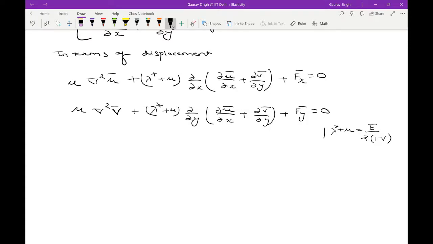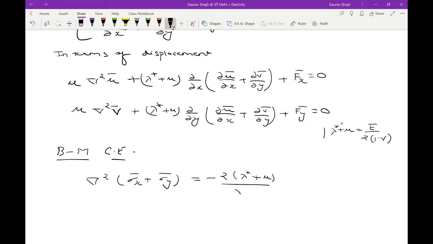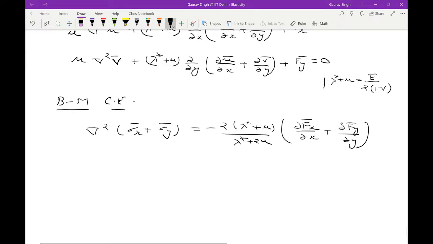Again, the compatibility equation in terms of the stresses, the Beltrami-Mitchell compatibility equation, would come out to be... so the coefficients again here would be mu of lambda square plus 2 mu, 1 plus nu.